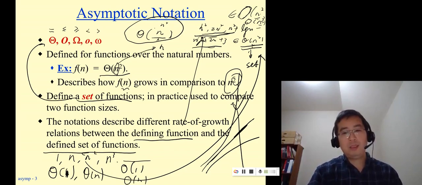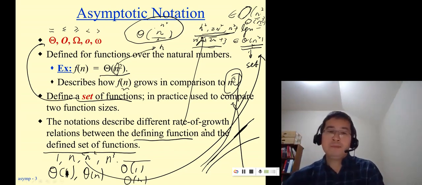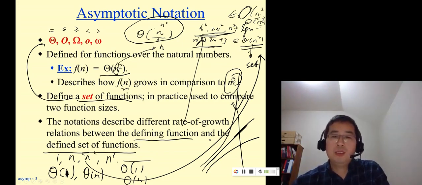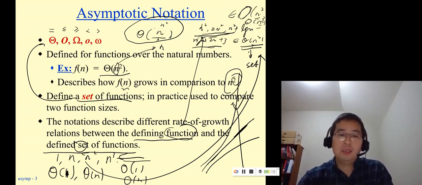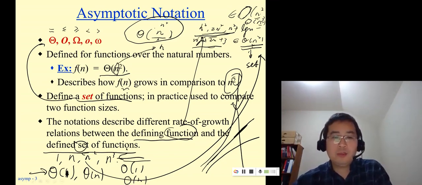Anyway, you just establish a relationship between one function and one set. This is a representative function, and this is a set of functions based on these representative functions.